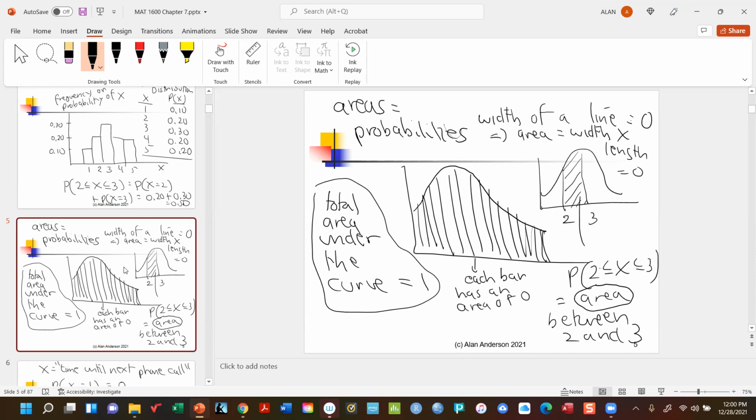So for example, for any continuous distribution, the total area under this curve is defined to equal 1. So if I want to know the probability of being between 2 and 3 here, what I'm actually doing is calculating the area. Let's say the area is 0.7.